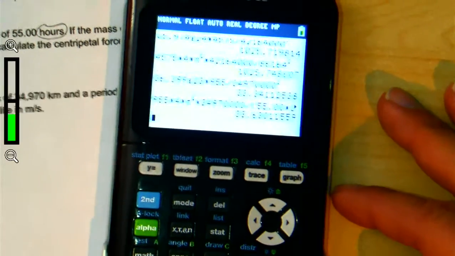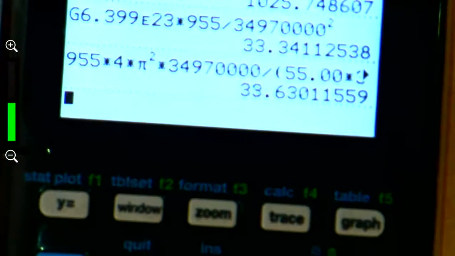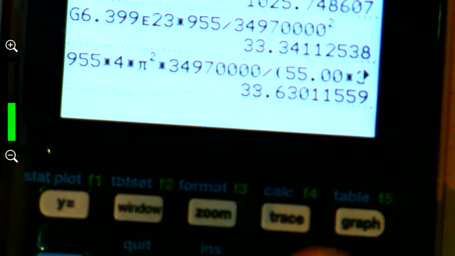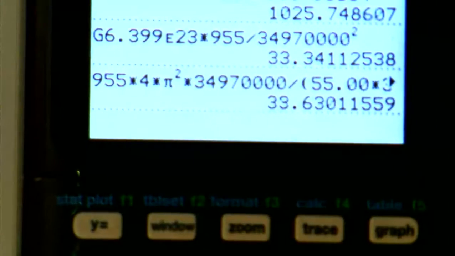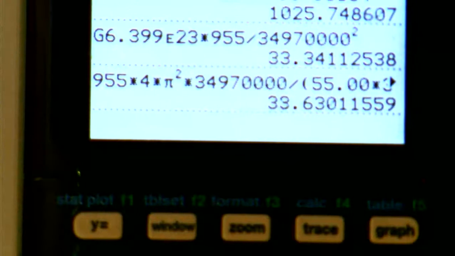My goodness. We have almost exactly the same value once again. So the centripetal force acting on the satellite has a magnitude of 33.6 newtons.